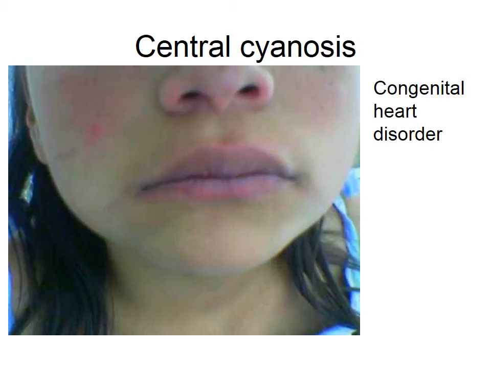But if it doesn't, and you end up with a patent foramen ovale, that means there can be communication between the blood in the right and the left side of the heart, meaning that deoxygenated blood, or at least partly deoxygenated blood, can be pumped into the systemic circulation, causing central cyanosis.